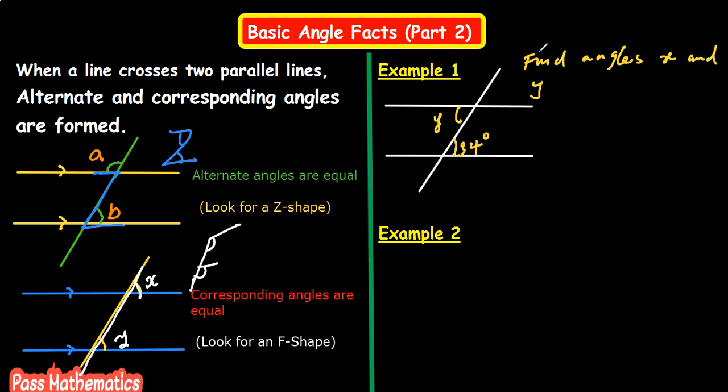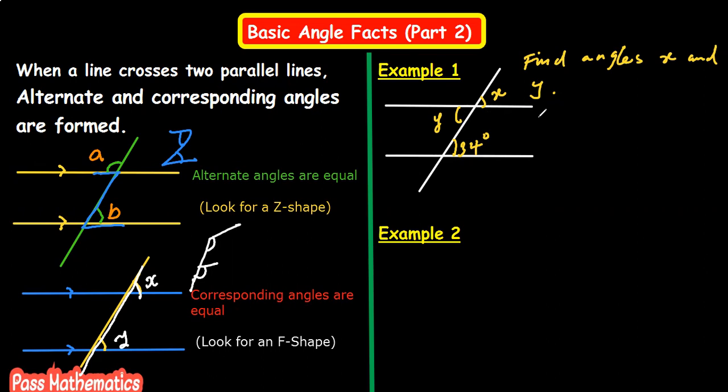We want to find angles X and Y. So let's call this angle here angle X. To do this successfully, we need to apply this rule. So we look for alternate angles, and then if we have any corresponding angle, we also apply the rule.